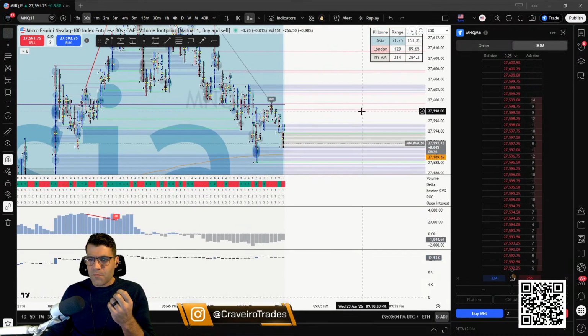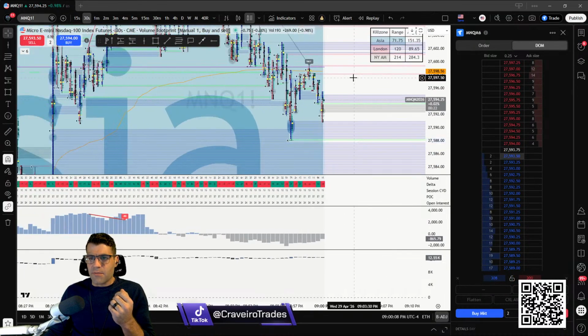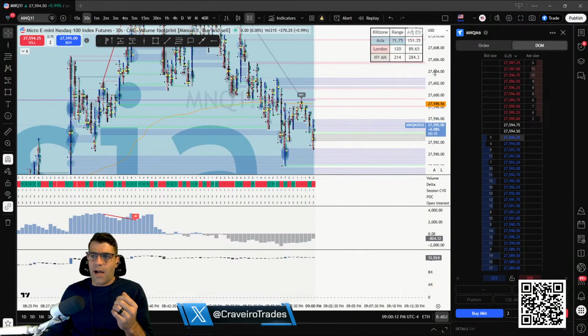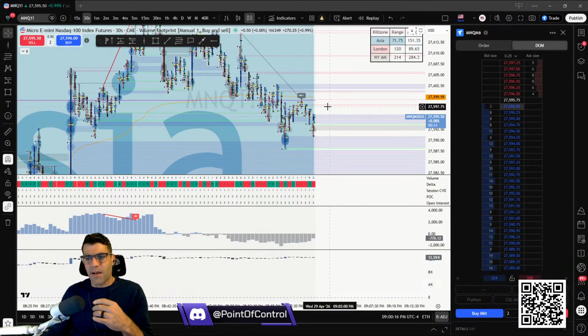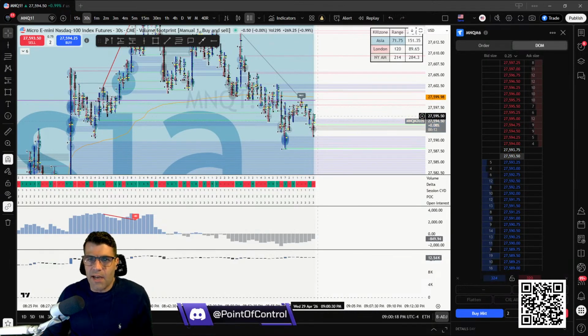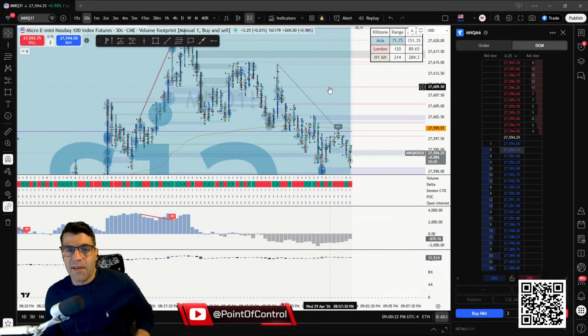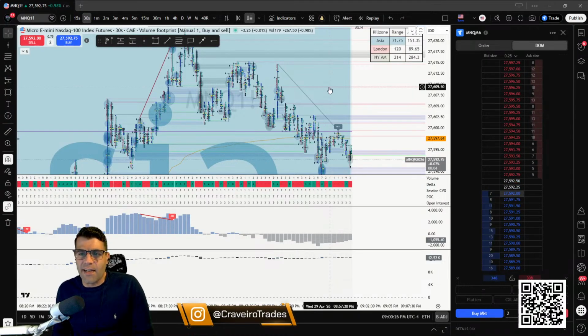Last night, me and one of the gentlemen in the Discord, we were going over some price action, and I had my son come into the room right at the same time that I would have taken my entry. I had my 5 levels of imbalance. I was monitoring it, and I have 3 little kids. So one of my sons had run into the room and was pulling on me and messing with my desk, and I'd gotten distracted.